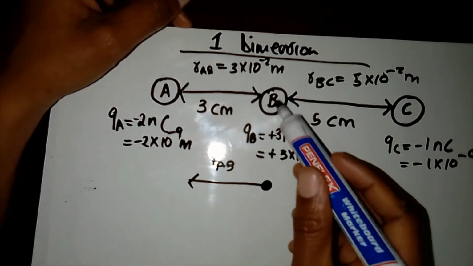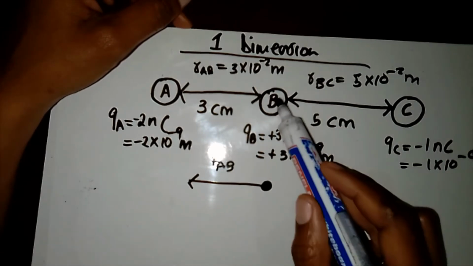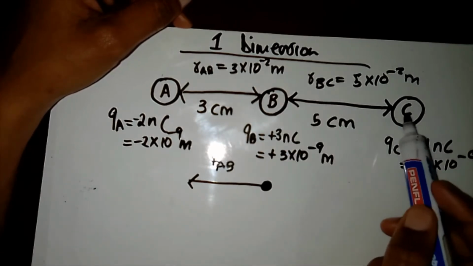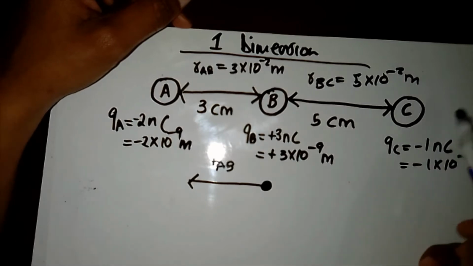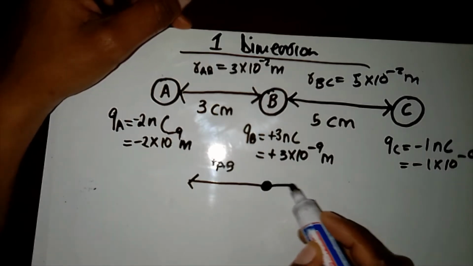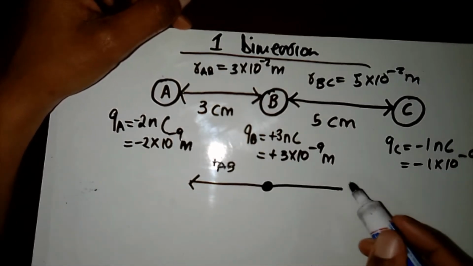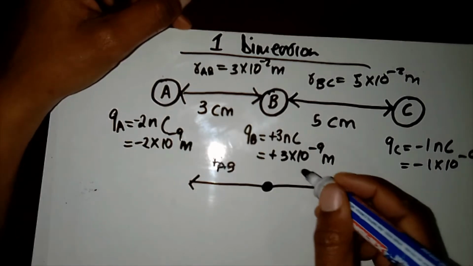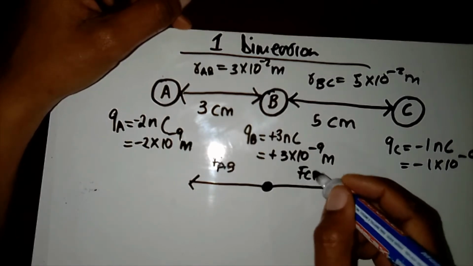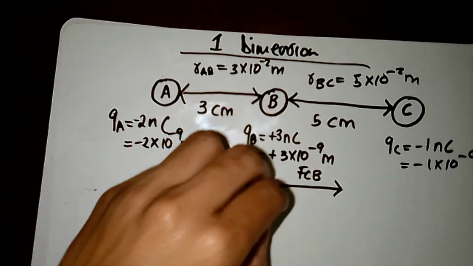This charge also experiences a force due to the presence of C, and because C is negative, it's attracted to it. So on this side we have the force of C on B. That's how you draw the free body diagram.